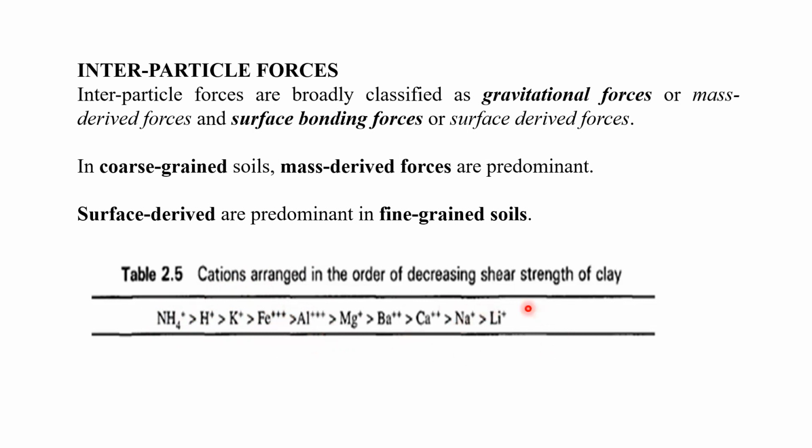So what it indicates? It indicates the decreasing order of shear strength of clay, or we can also say the cation exchange capacity. Suppose in between two particles, one particle has calcium and another particle has sodium. So the sodium will be replaced by the calcium because it has more capacity compared to the sodium.